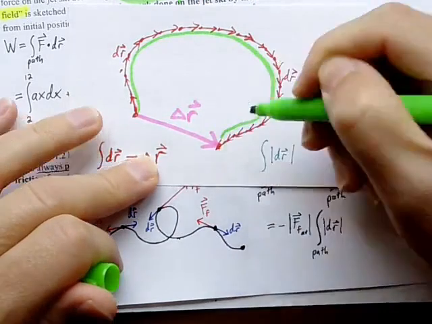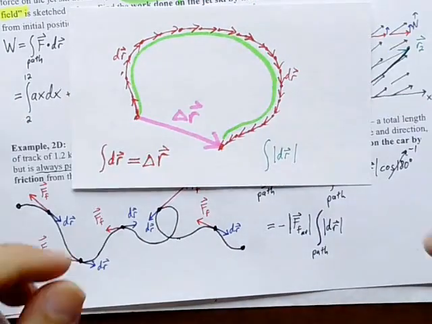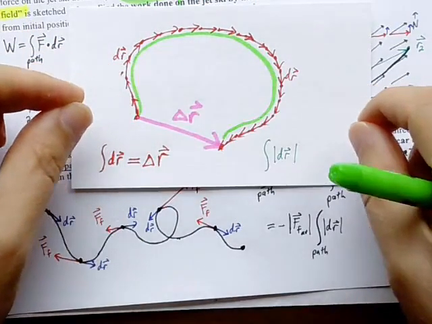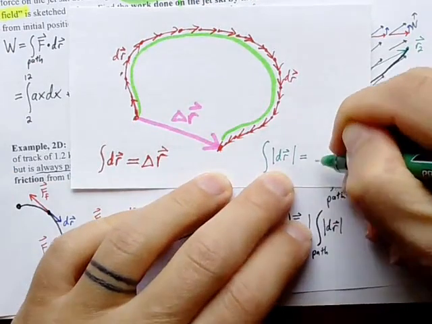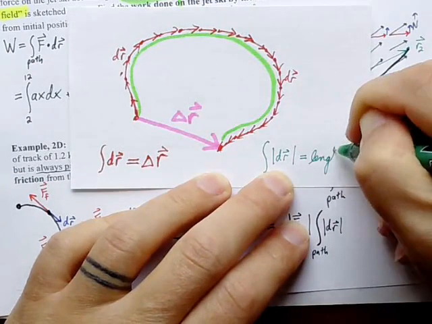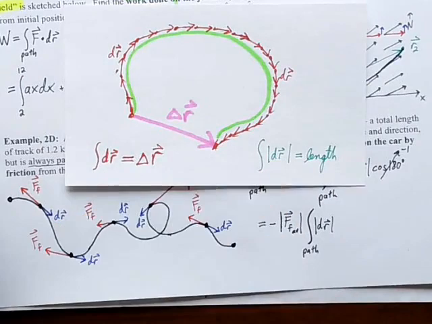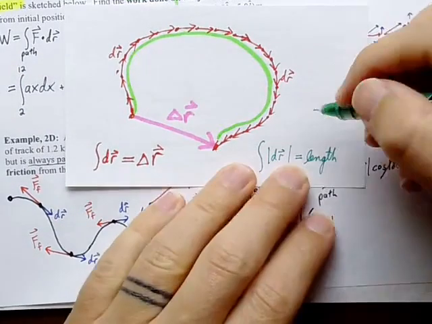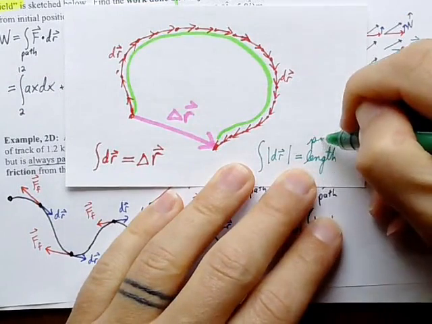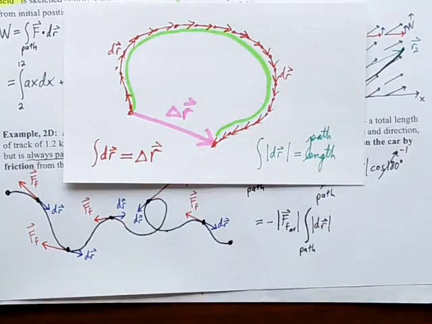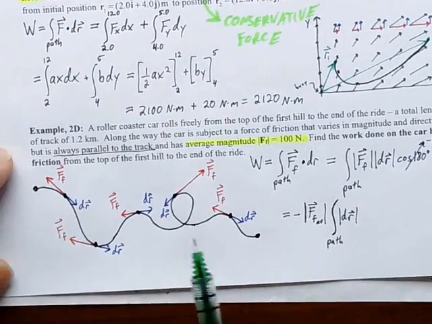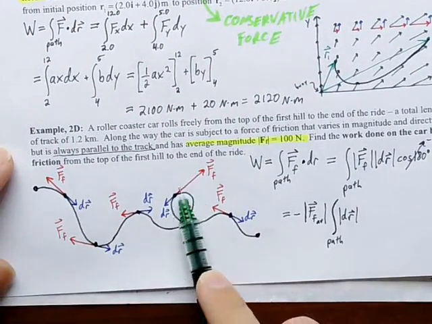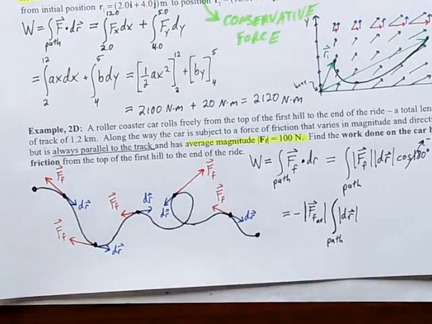So if we stretched out that path into a straight line, the length of that green line would be the result of summing the magnitudes of the displacements. So this would be our total path length. That is the total length of this track here.